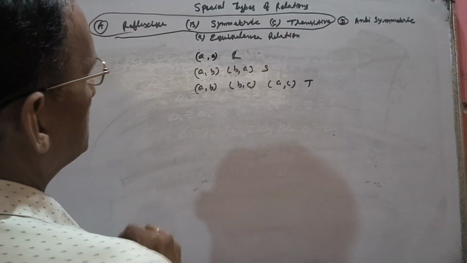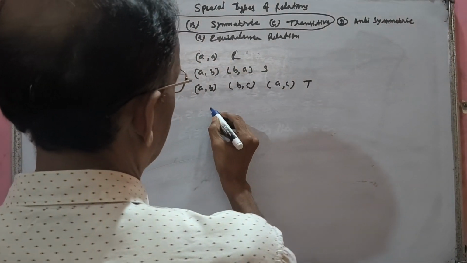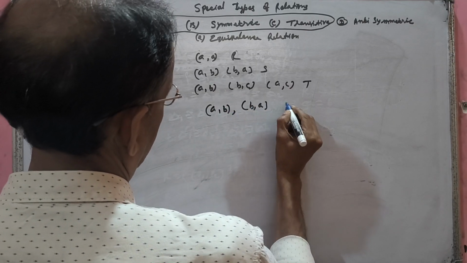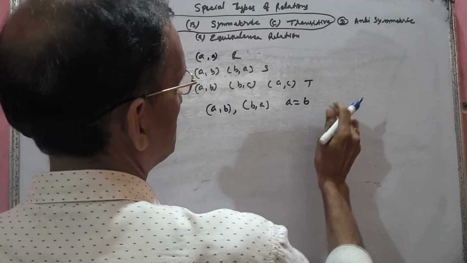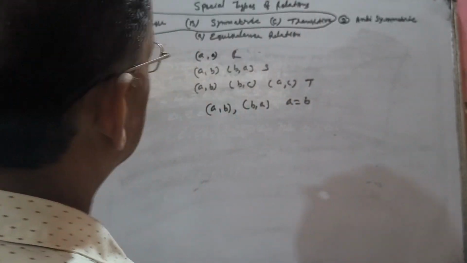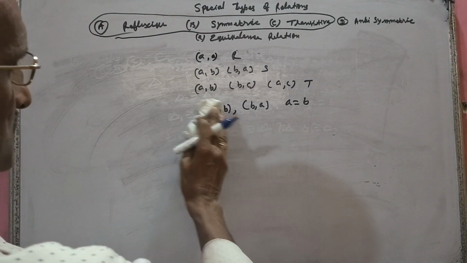If all the three, then equivalence. And if (A, B) is there, (B, A) is there, and A equals B, then antisymmetry.